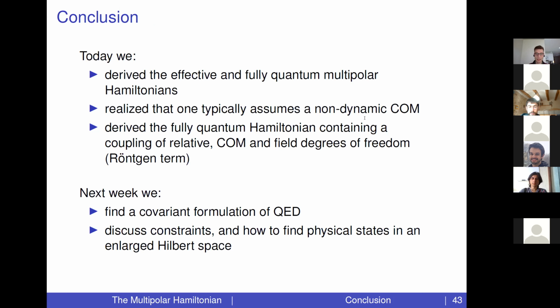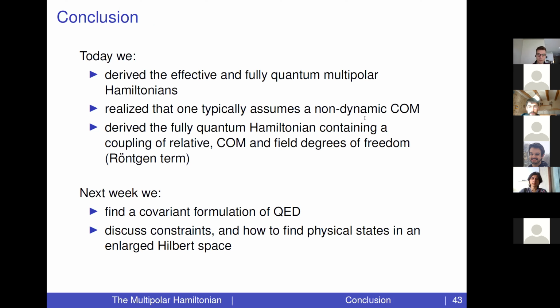So first of all, in order to have this covariant formulation, we need to introduce more degrees of freedom than we did in the simple Coulomb gauge quantization of electromagnetism, QED. And therefore, through these more degrees of freedom, we will have to introduce constraints. And these will, in the end, allow us to find the physical states of an enlarged Hilbert space.